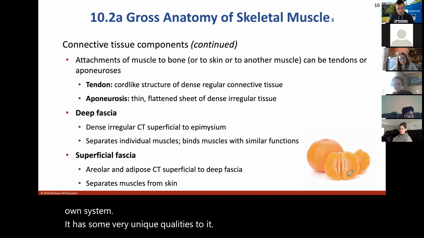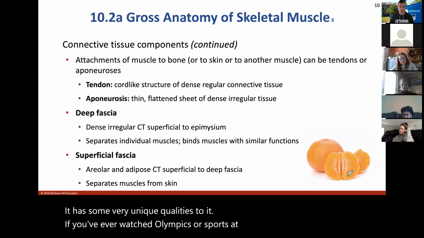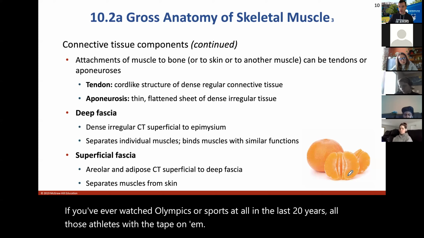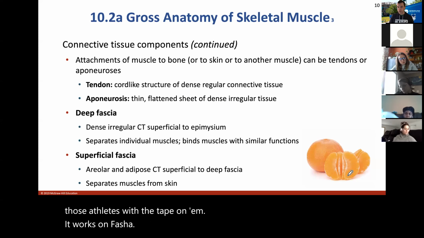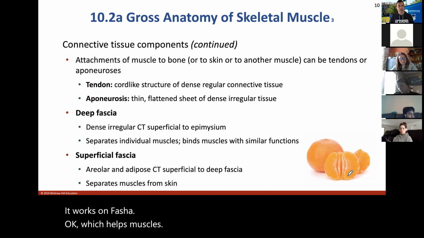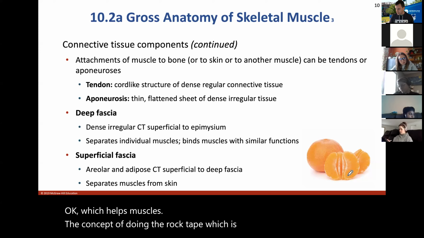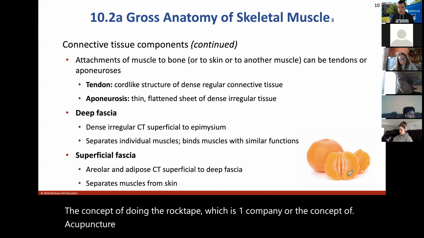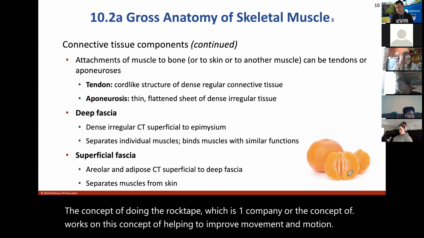If you've ever watched the Olympics or sports at all in the last 20 years, all those athletes with the tape on them, it works on fascia, which helps muscles. The concept of doing the rock tape, which is one company, or the concept of acupuncture, works on this concept of helping to improve movement and motion within fascia.